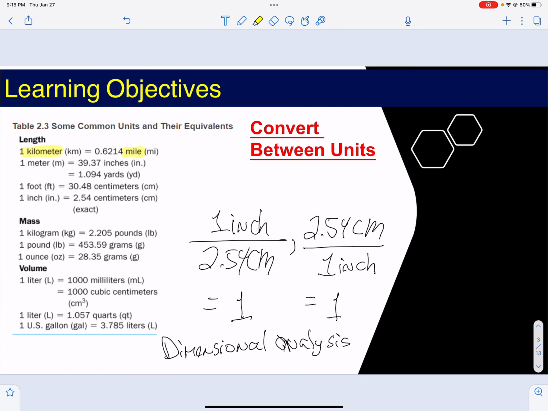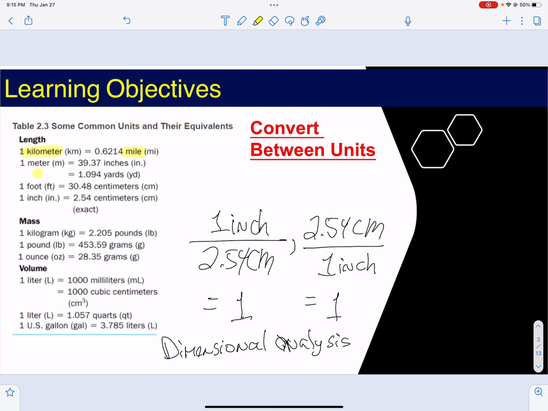So miles to inches, meters to inches. I can go to meters and then to inches. So how can I do that? Right now I've got miles. Okay, so let me rethink this.